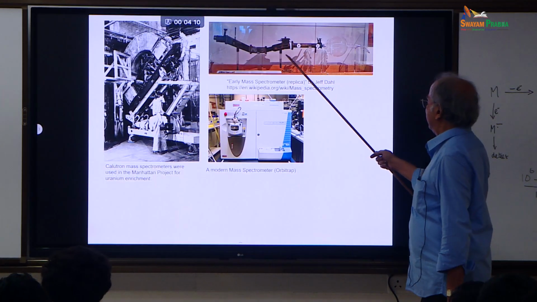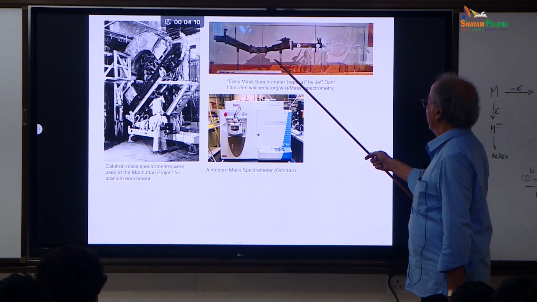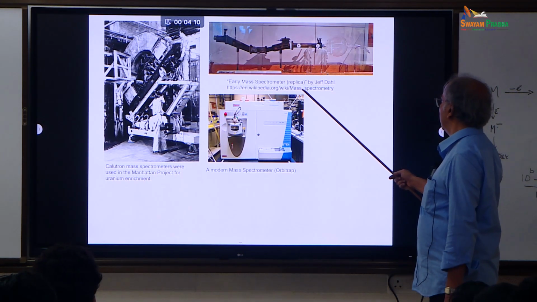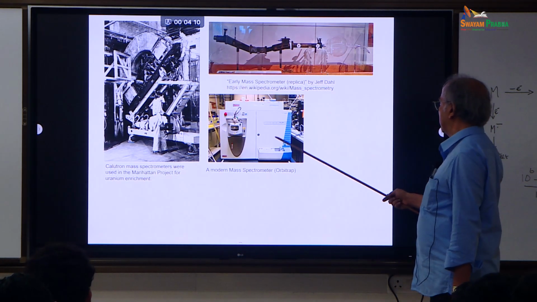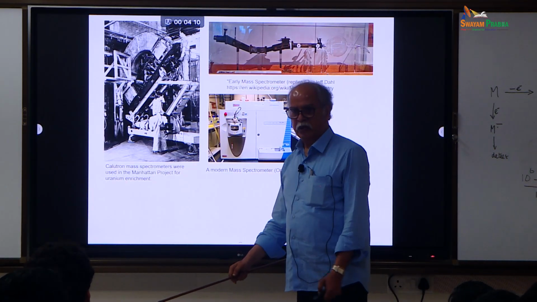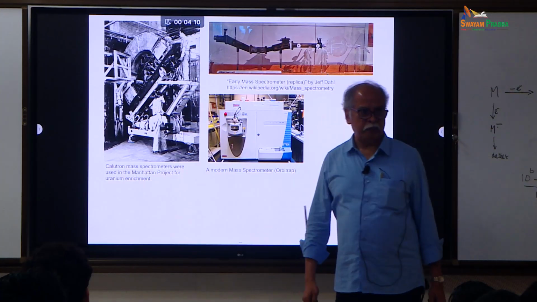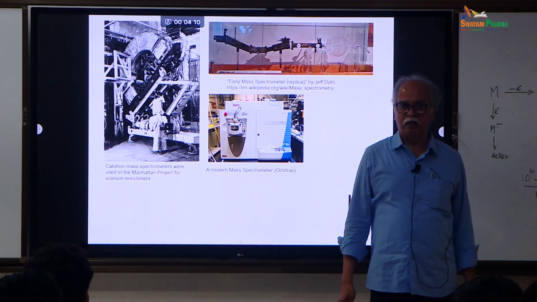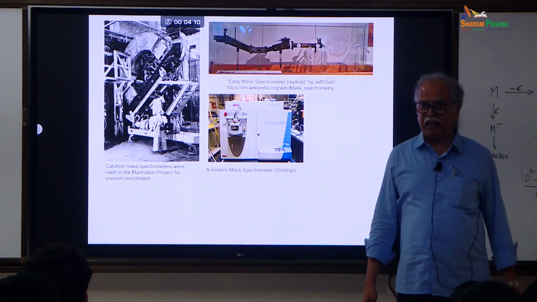Then the magnetic sector here is really a mass spectrometer replica. And today's mass spectrometer just sits on the bench. You can go and see in the department, the instrumentation lab. Very compact, very nice, and highly sensitive.